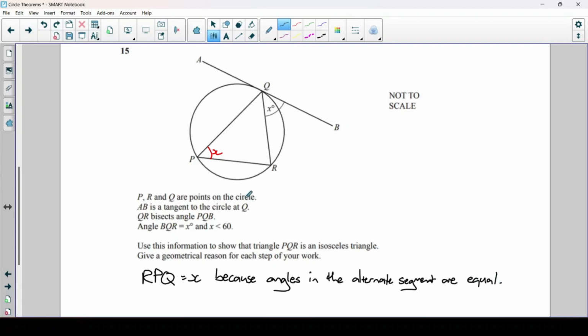Okay, what other information do we have that might help us here? QR bisects angle PQB. PQB, so that's that.